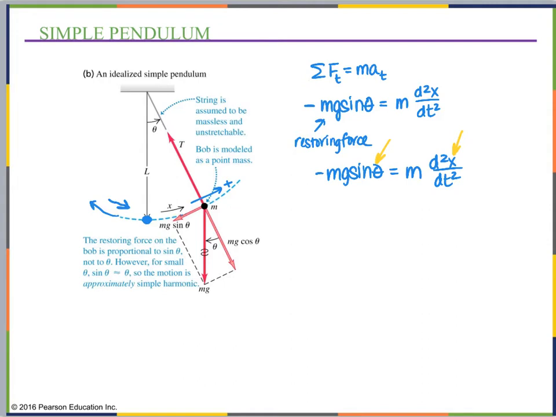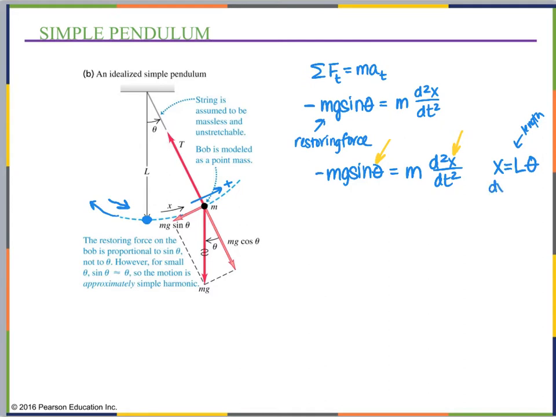We need to write everything in terms of one variable. What we can do is x, the arc, is equal to L times theta, where L is the length of the string. So this is kind of like r theta, except instead of radius, we're writing the length of the string.